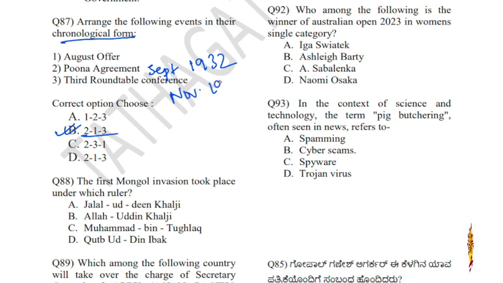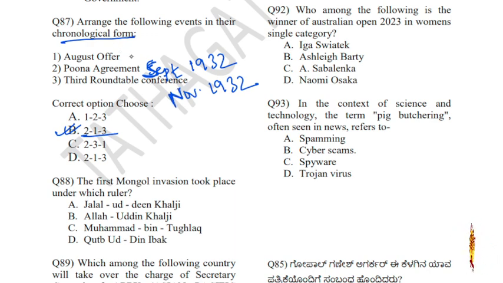After the unsuccessful second Round Table Conference, the Communal Award will be given by Ramsay MacDonald. So the Poona Pact between B.R. Ambedkar and Gandhiji was concluded in September 1932. Next, the third Round Table Conference happened in November 1932.